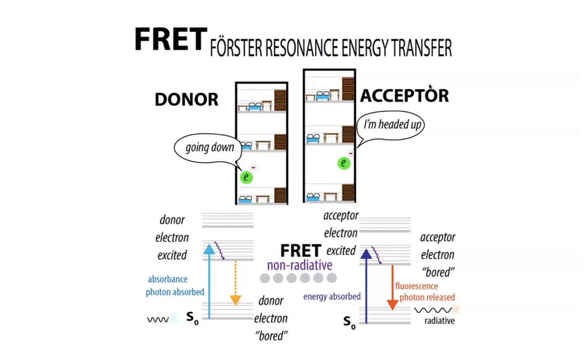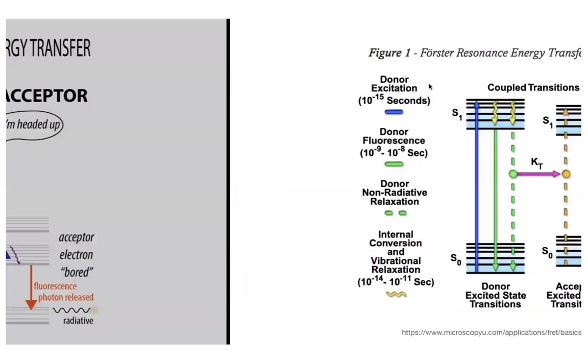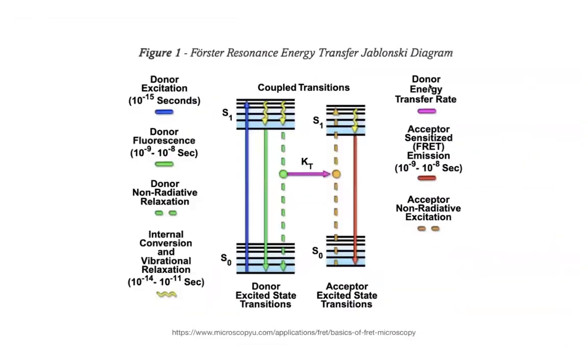And this can only happen if they're really close together and their energy levels match perfectly, allowing for those little wiggle vibrations and stuff. But you're not going to be hopping from one apartment building to the apartment building 5 blocks over, but maybe you can hop next door. So this is going to allow us to see if molecules are close together.